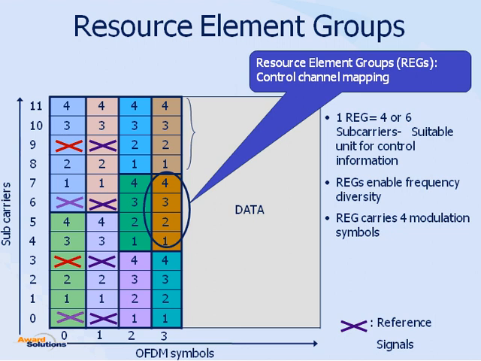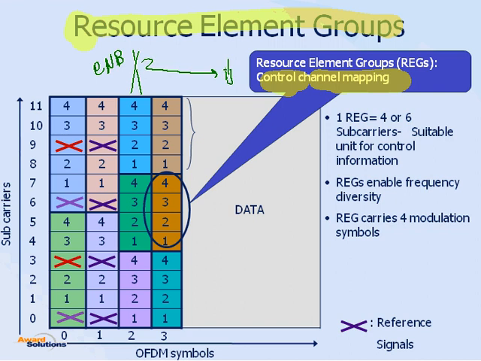We have defined a concept called resource element groups, primarily to help us send out control channels from the base station. So here is our E node B, and E node B wants to convey allocation of resources to the user, right? And I mentioned that we can give one or more resource blocks, and we can do that by specifying those in the early part of the subframe.